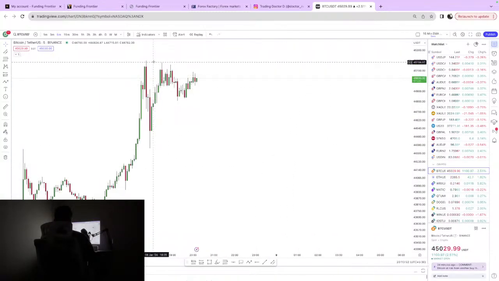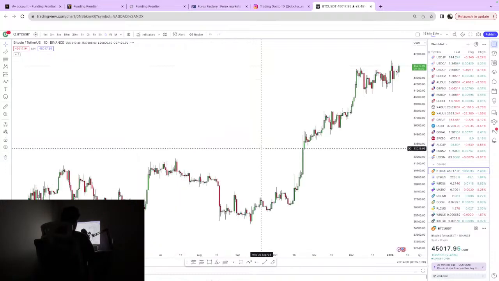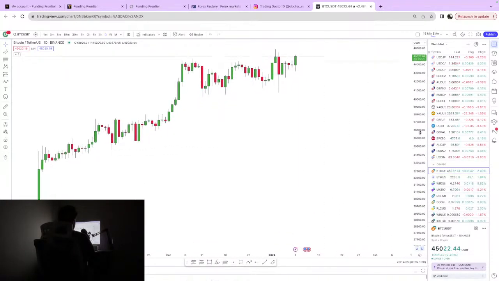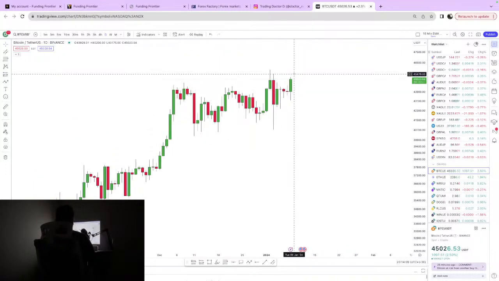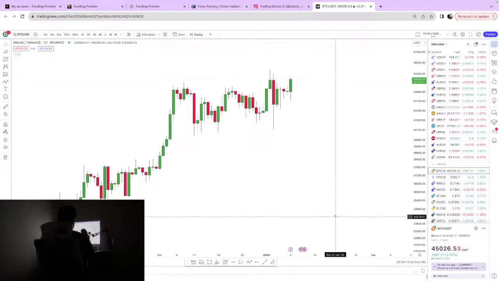So one more breakout is coming. Very simple. I told this thing, remember, that it is for sure going to shoot. And it has touched 45,000, and this time I'm hoping it will shoot a little higher.